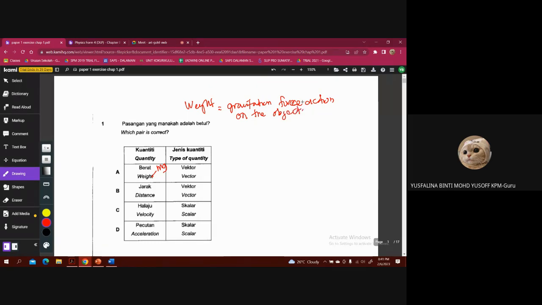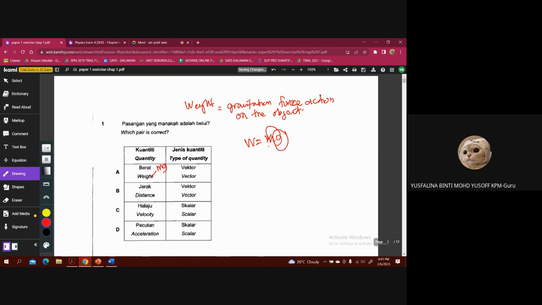Can we use a formula, teacher, mass multiplied with gravitational acceleration? No, cannot. Not all meanings of terms can use the formula. This one comes from the formula also, but we don't put mass multiplied by gravitational acceleration, because we know it is the gravitational force acting on the object.